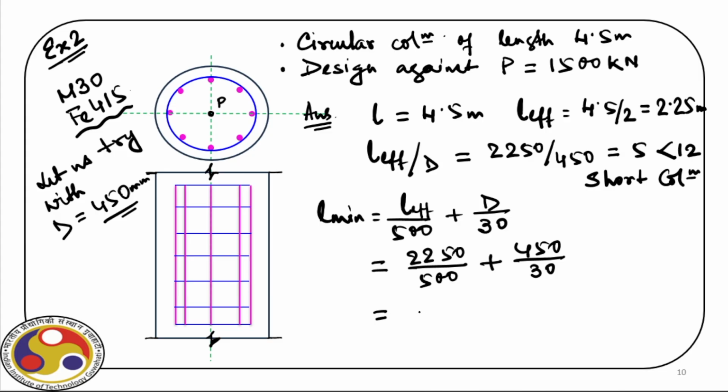And this is equal to 4.5 plus 15. So the first one is 15 plus 4.5, which is equal to 19.5 millimeter. And this is less than 0.05 D.